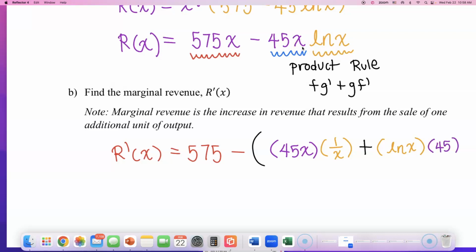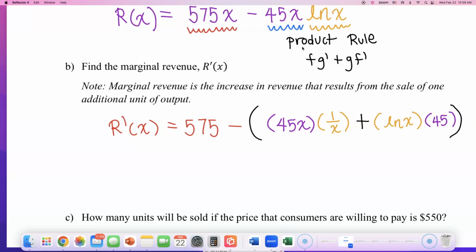All right, so inside that black parenthesis, I have the product rule, but I will be simplifying this, okay? So let me bring these parts down the same for right now. Okay, we're subtracting whatever this is inside. So let's see. What about 45x times 1 over x? Notice this x will cancel out because that's the multiplication of x and that's the division of x.